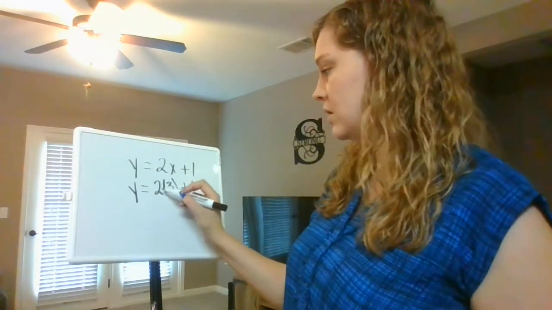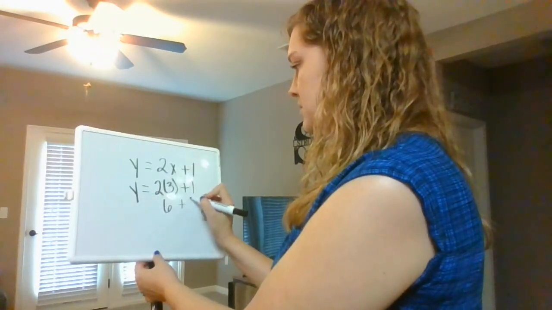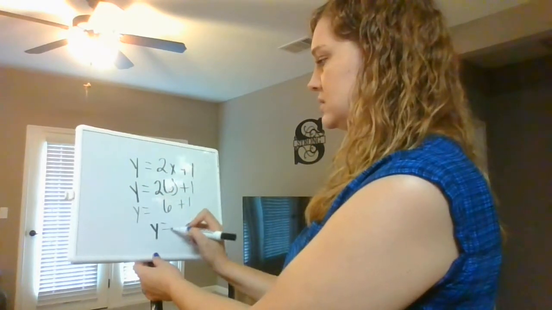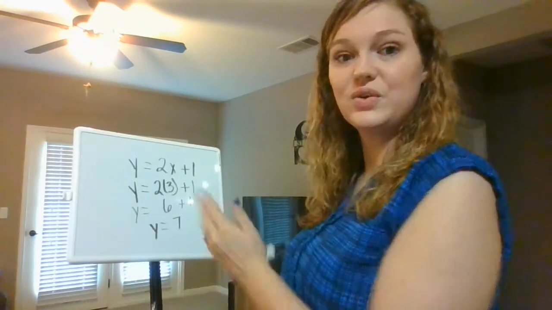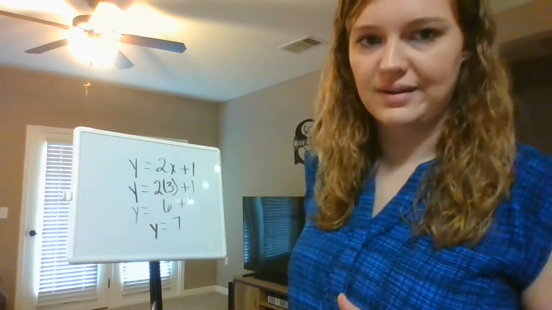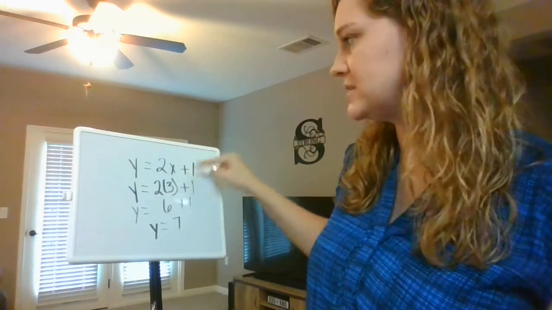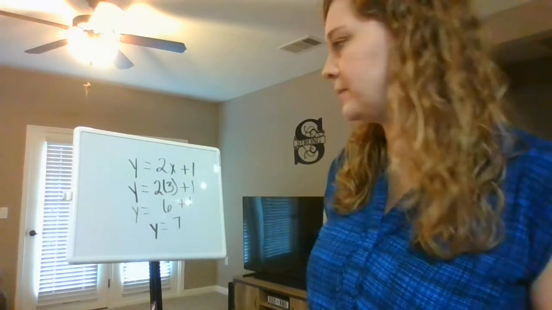So now we need to do this. 2 times 3 is 6 plus 1, and we still have y equals. So y equals 6 plus 1, so y equals 7. You guys just did algebra. So you just have to plug in, put where it said the x is, it said to replace it with a 3. So you just multiplied 2 times 3 plus 1, which is 7.